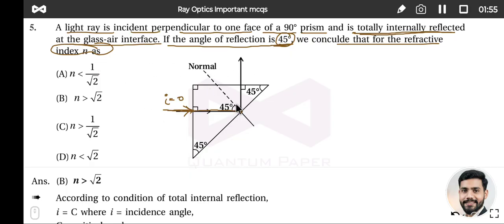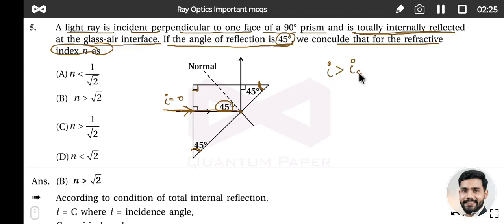So it is given that the angle of reflection here is 45 degree. If this angle is 45 degree, then this angle is also 45 and this angle is also 45, because this is 90 degree, so we can easily calculate these two angles are 45. Now, total internal reflection is going on. So when we get total internal reflection, our angle of incidence must be greater than the critical angle iC.